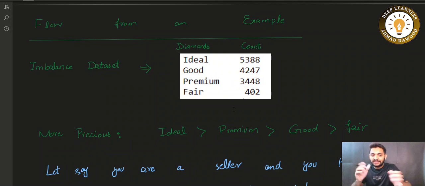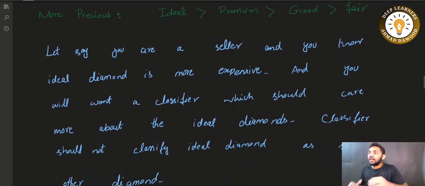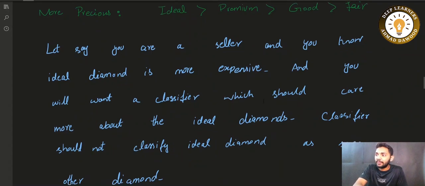So let's say you are a seller, and it is mentioned in the problem statement that ideal diamonds are more expensive. Then you will want a classifier which cares more about the ideal diamonds, one which should not classify ideal diamonds as some other diamond.